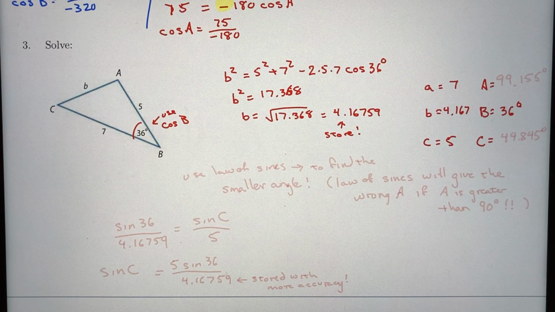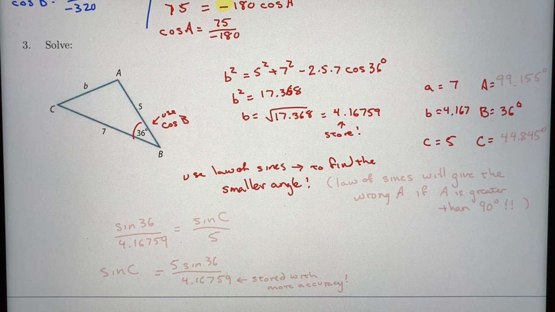I have to use the law of sines this time, or use that ugly B. I'll use the law of sines. And we definitely want to make sure we use it to find the smaller angle. Again, angle A could be bigger than 90 degrees.